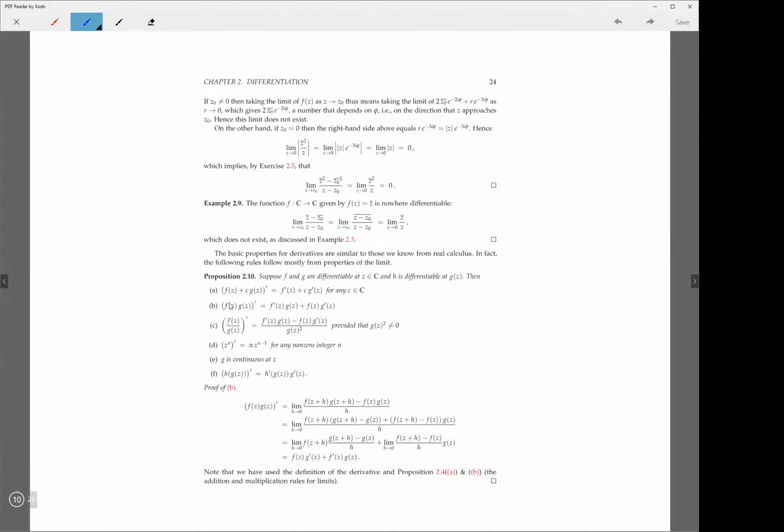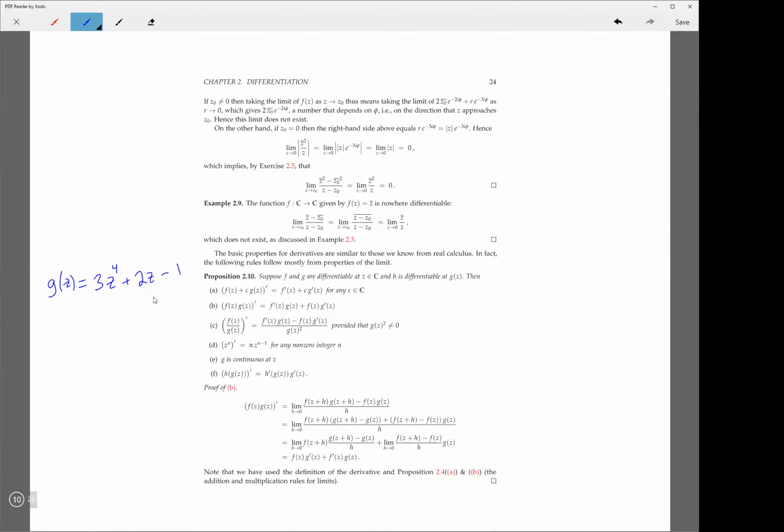Basically, this allows us to do a lot of things. Like, for example, if g of z were, let's say, 3z to the fourth plus 2z minus 1, then we already know that if you take the derivative of this, this is going to be 4z cubed.